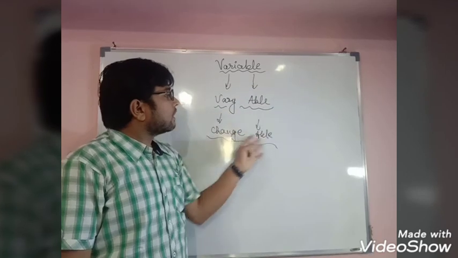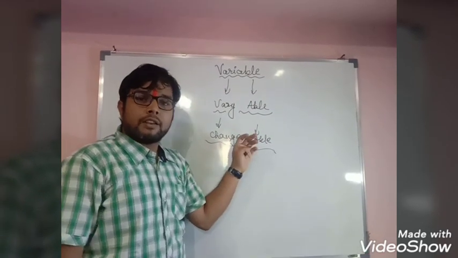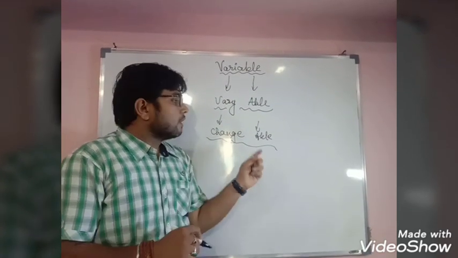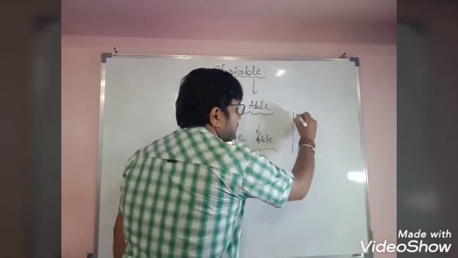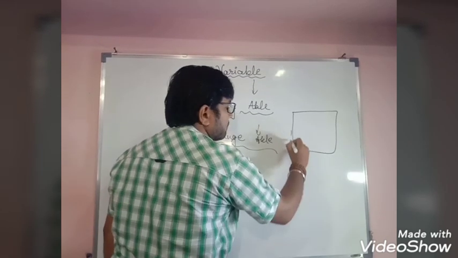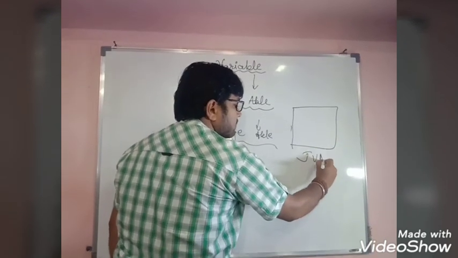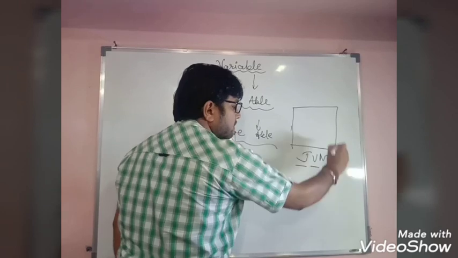Now you have to know what is the use of a variable in Java programming. For that you have to know one example. For example, this is the JVM, the Java Virtual Machine.